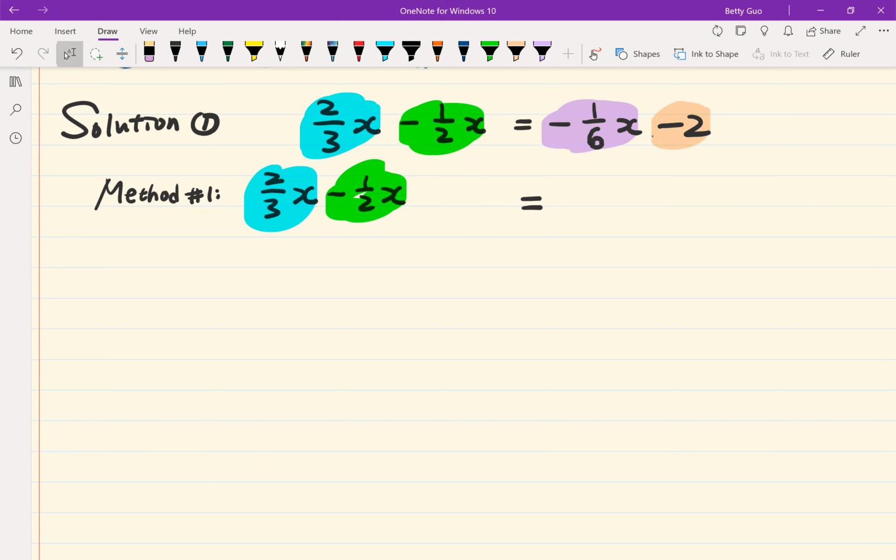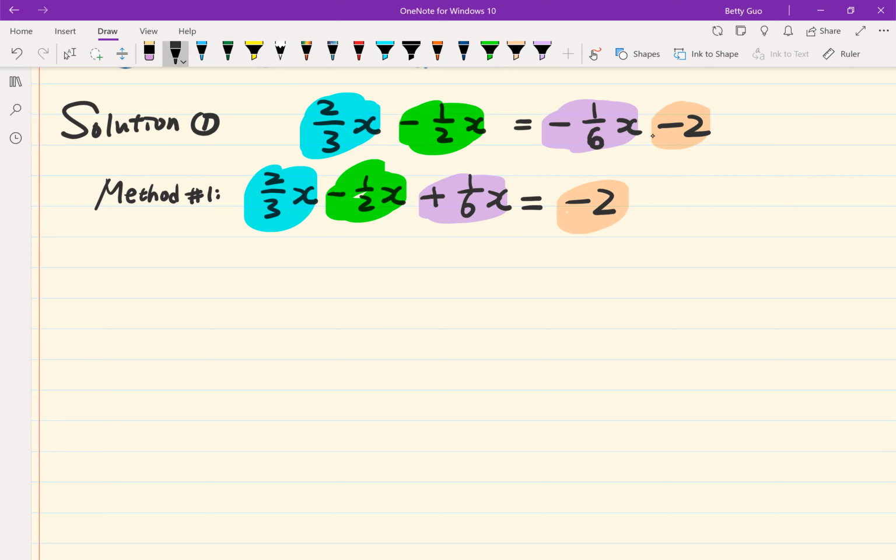Yeah, what is it? Awesome. Thank you. +1/6 x, right? That's what we need to do. Move it over and flip the sign. Negative becomes positive. And on the right-hand side, the orange is by itself.